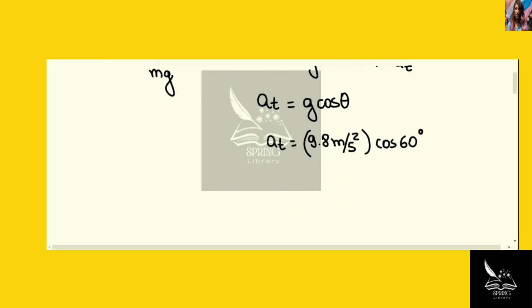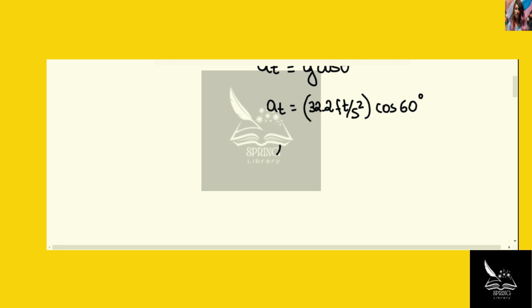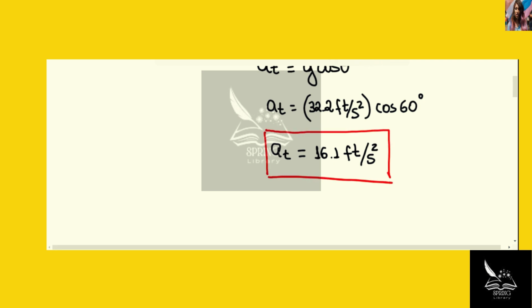Now, since the exercise is in imperial units, I'm going to use the gravitational acceleration in feet per second squared, which is 32.2 feet per second squared. This means that the tangential acceleration is 16.1 feet per second squared. Okay, so this is the answer to the first part of the exercise.